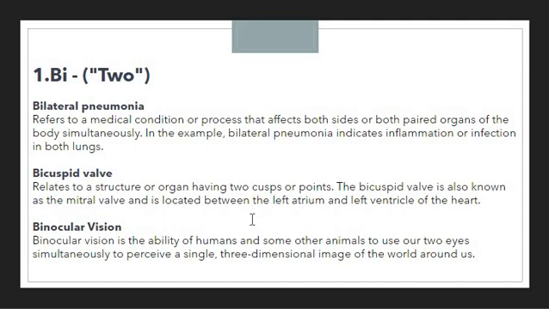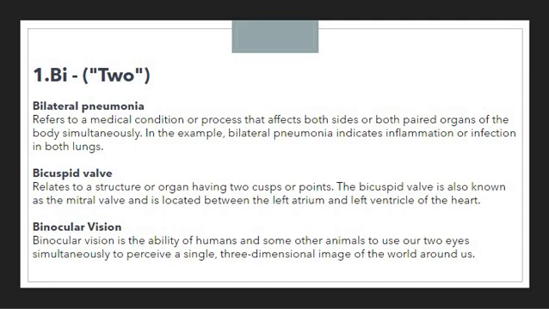Normally we utilize both eyes to perceive a complete three-dimensional picture of the world, and that type of vision is known as binocular vision. Both eyes perform together, that's why we use the prefix bi. So this is all about the prefix bi, which shows the sense of two, double, both.